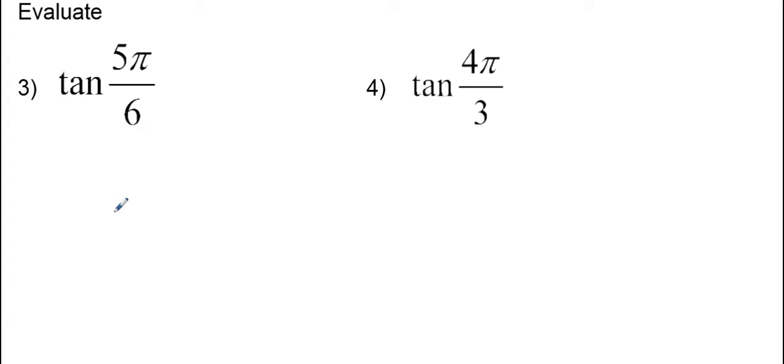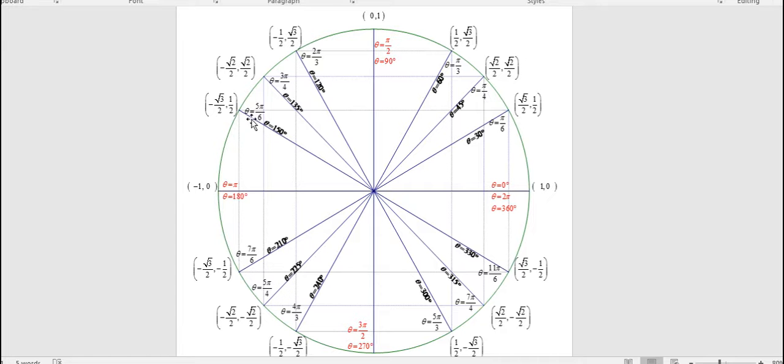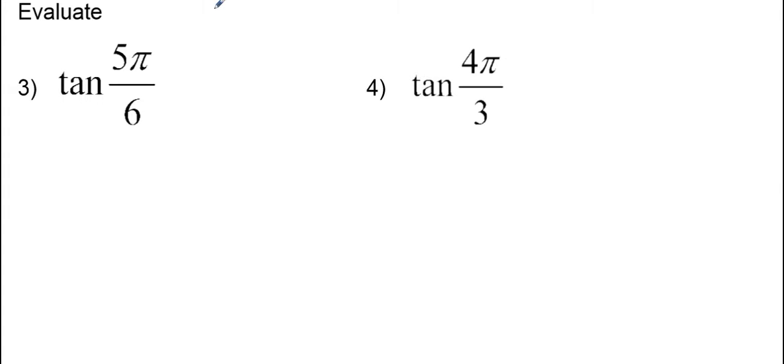So let's take a look here. We have the tangent of 5 pi over 6. And once again, we are going to go to our unit circle. And 5 pi over 6 is the same as 150 degrees. And let's take a look at our coordinates. We have negative radical 3 over 2 and positive 1/2. So let's write down those coordinates.